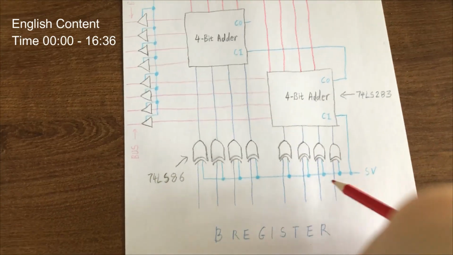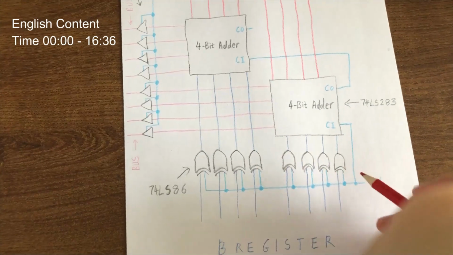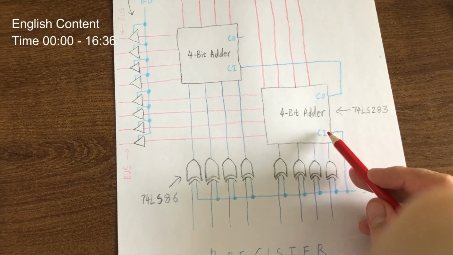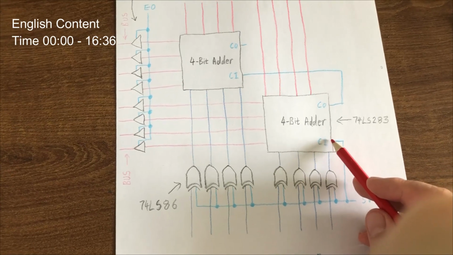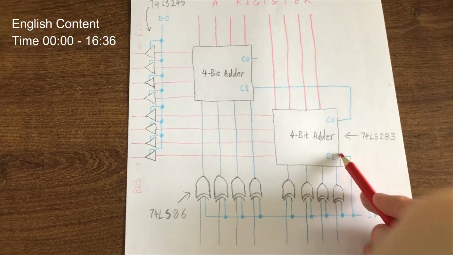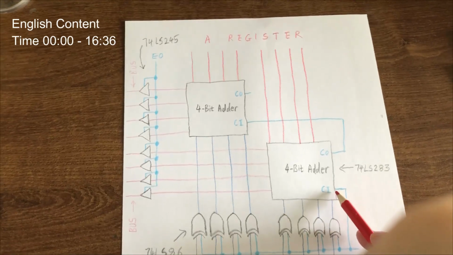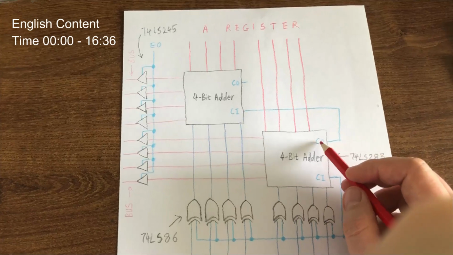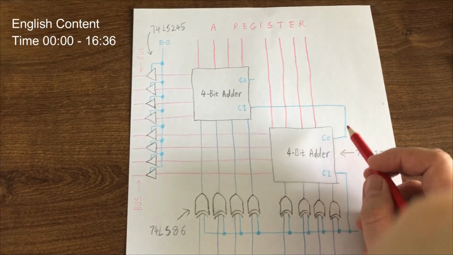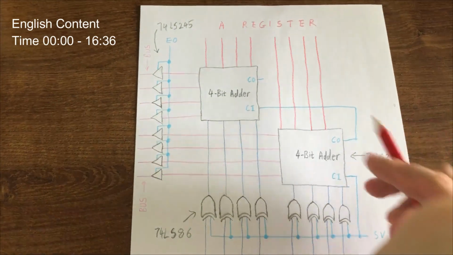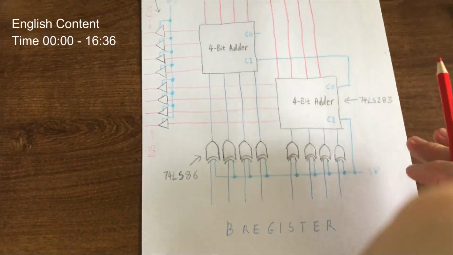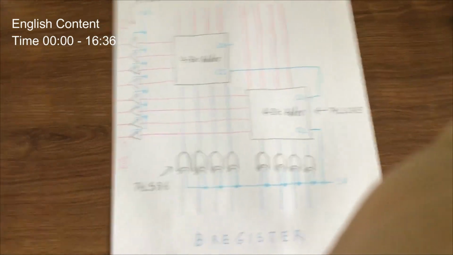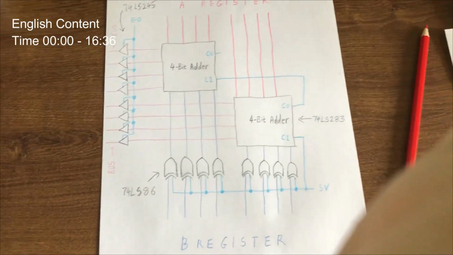All digits will be converted, and this signal also goes to this carry input, so it will add 1 here. Also, its carry output is coming into the carry input here. So this is the theory explained.